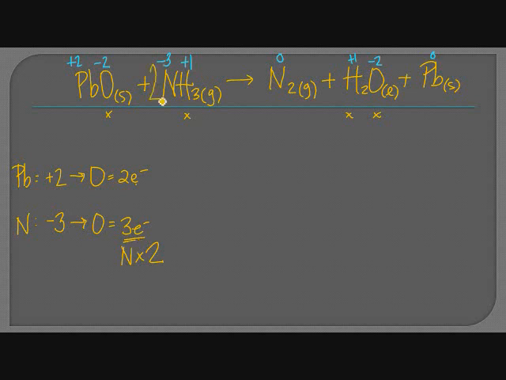So I'm going to put a 2 in front of the NH3. Hey, that also, by the way, balances out the fact that we have 2 nitrogens over here, so that's good. Then for the lead, we need a positive 6 charge, and we have 2, so we're going to multiply the lead by 3. So then that makes PbO have a coefficient of 3.